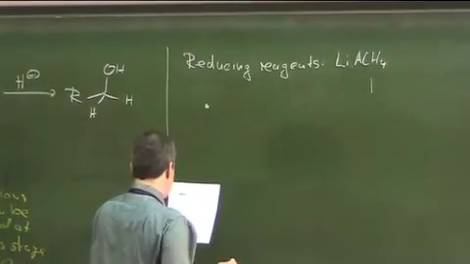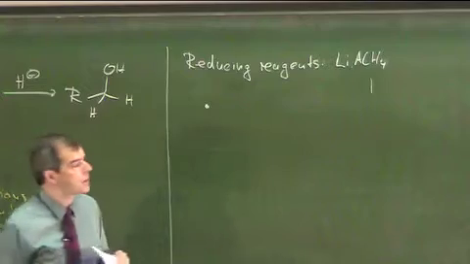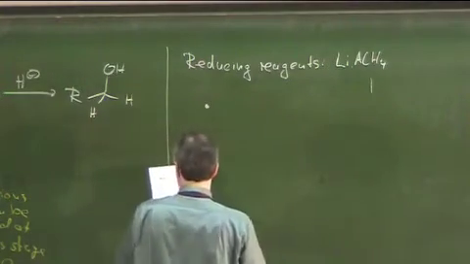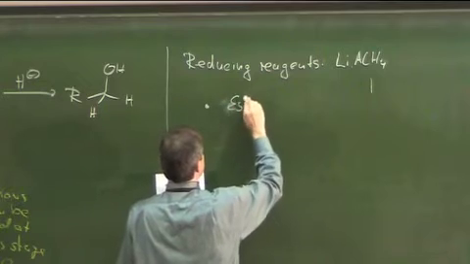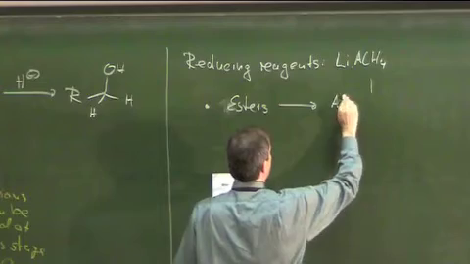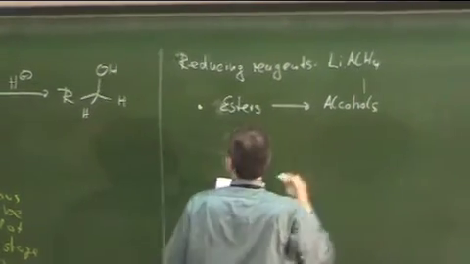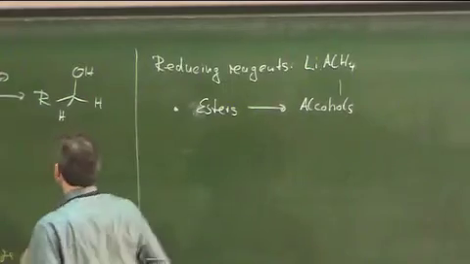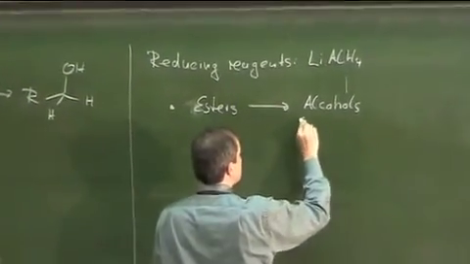But the bottom line is that lithium aluminum hydride will just reduce about any type of carbonyl group, and so especially esters will be reduced to alcohols. So stopping at the aldehyde stage with lithium aluminum hydride is not possible.